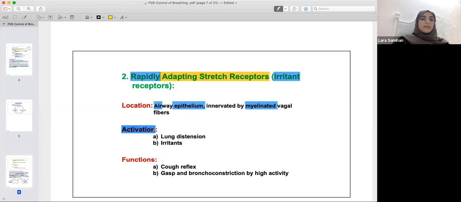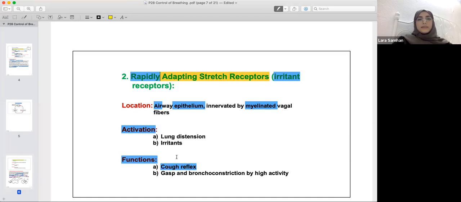Now, when will this be active and what's the function of it? As we said, the rapidly adapting stretch receptors should be acting very rapidly. When will it act very rapidly? If, for example, we have any abnormal particles or foreign body, the first mechanism of removing this foreign material is by coughing. So number one, the cough reflex.